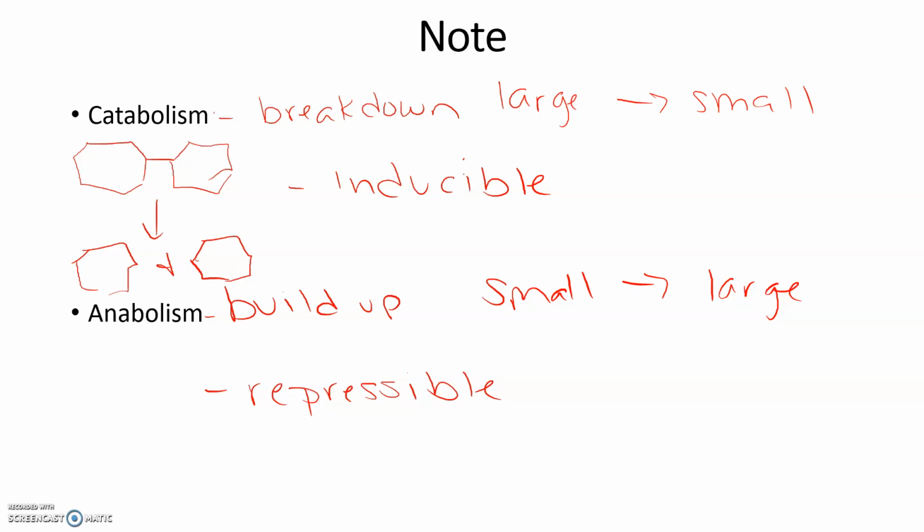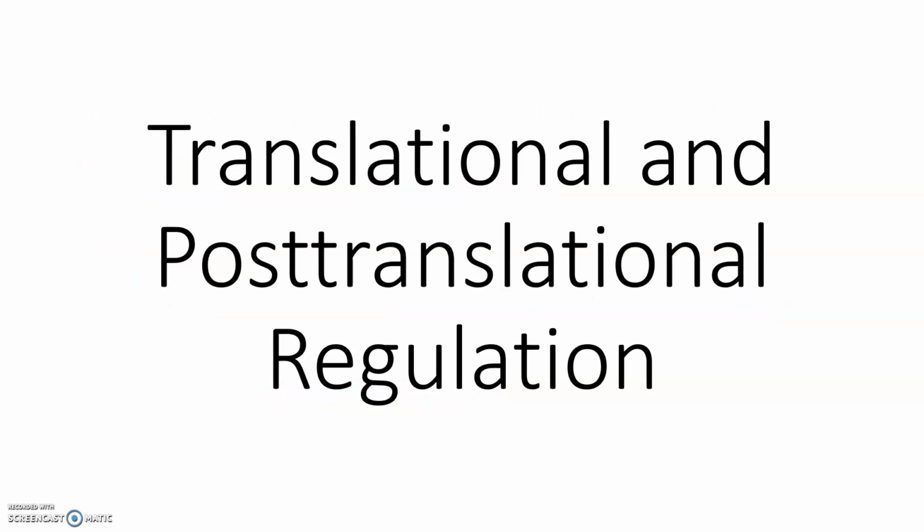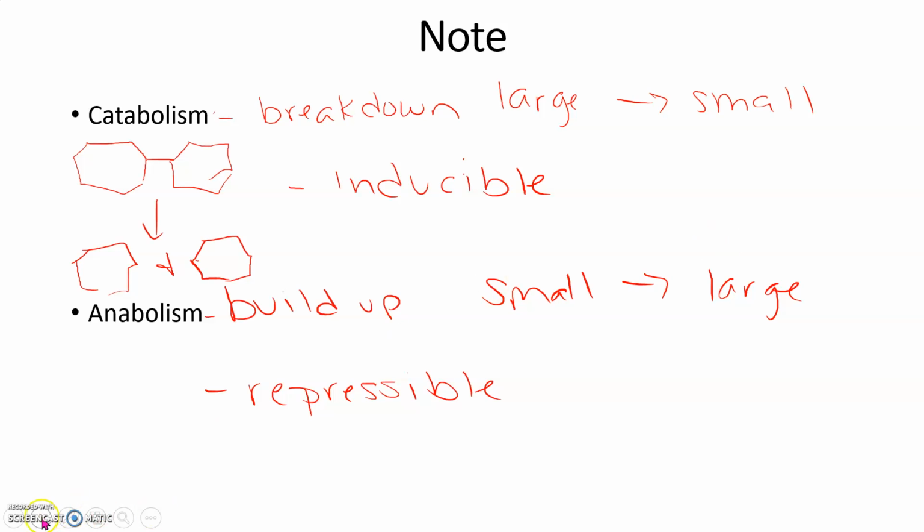So the breakdown of large to small is off, but you can turn it on when necessary. Anabolism is when we're building up. We're taking the small monomers, building a large polymer or molecule. These tend to be repressible, so we are doing them until we don't have to anymore, and then we turn them off. Okay. So any questions, comments, or concerns on TRP?